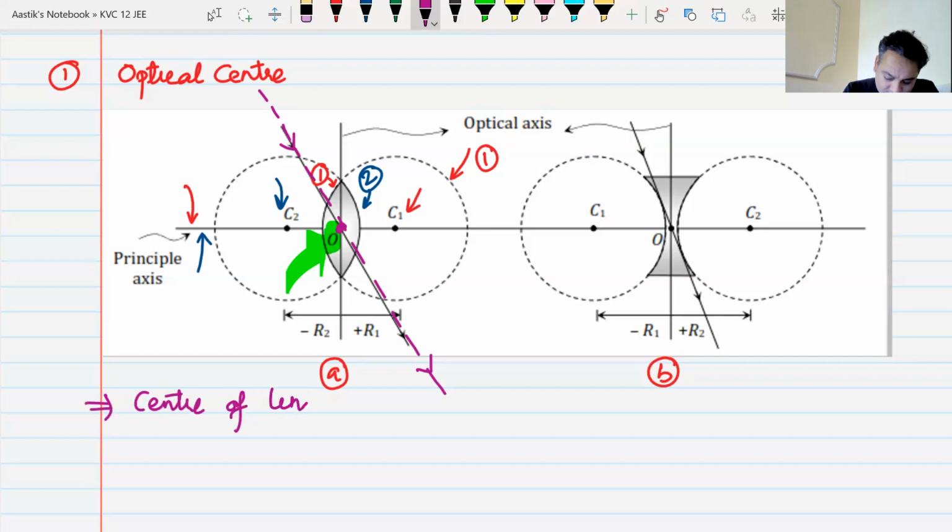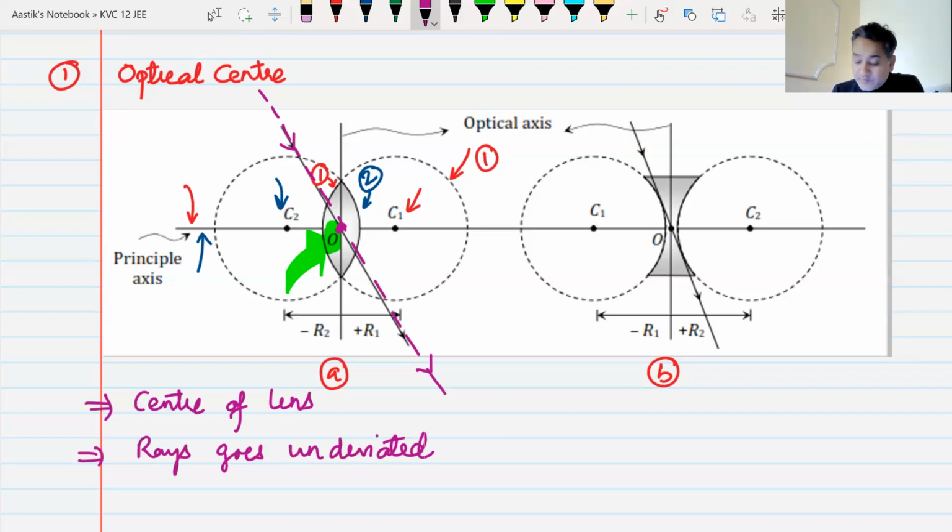Point number 1. Point number 2, the ray goes undeviated. Through this point, if a ray falls, whether it is a concave lens or a convex lens, the ray goes undeviated. That is the first heading, optical center.